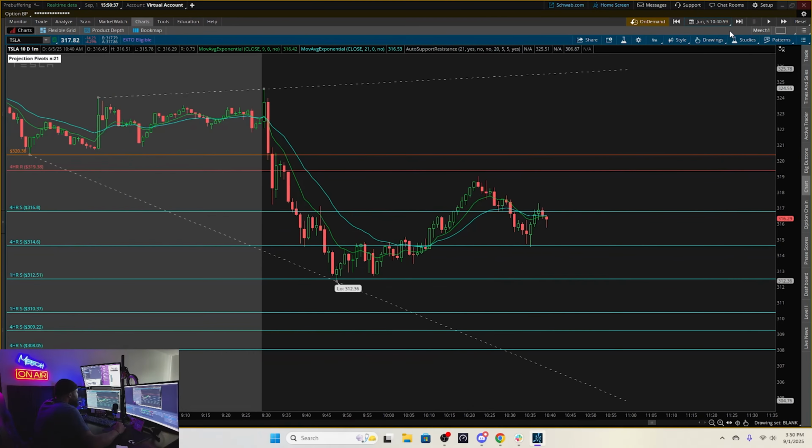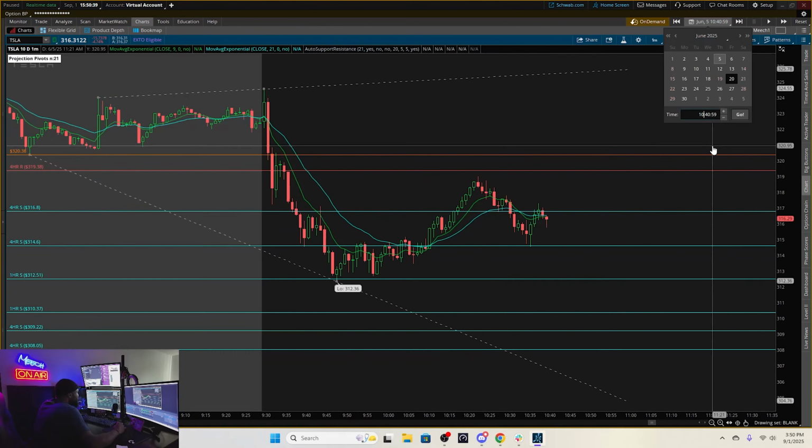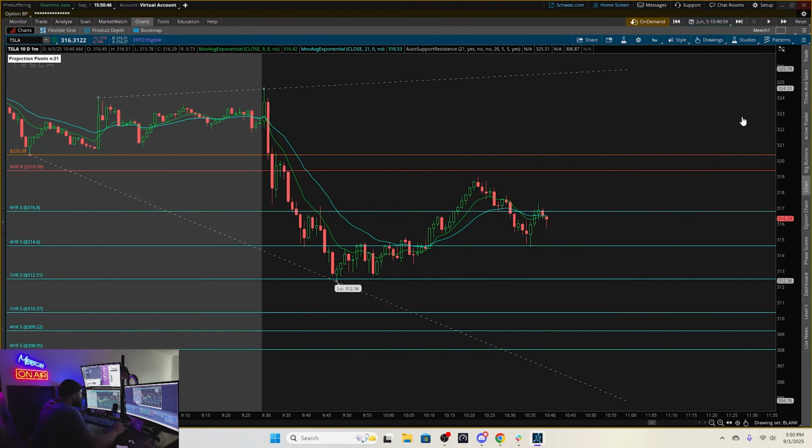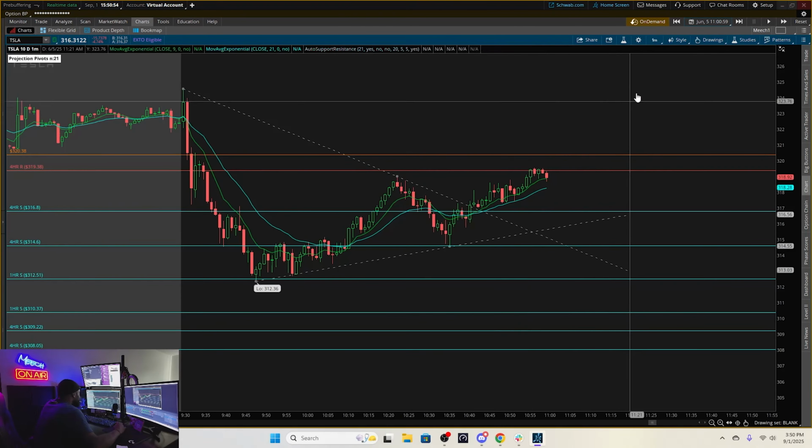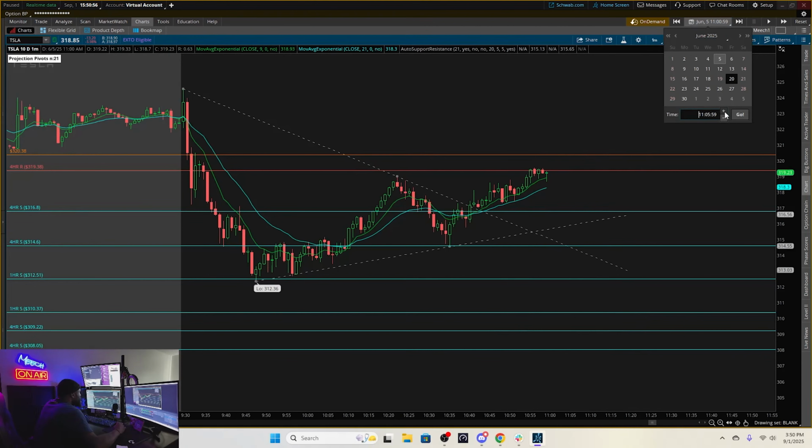Let's see what happens. See what happened at 11. Because it still looks weak here. Let's see if it comes down all the way. Let's see. Okay, still holding.